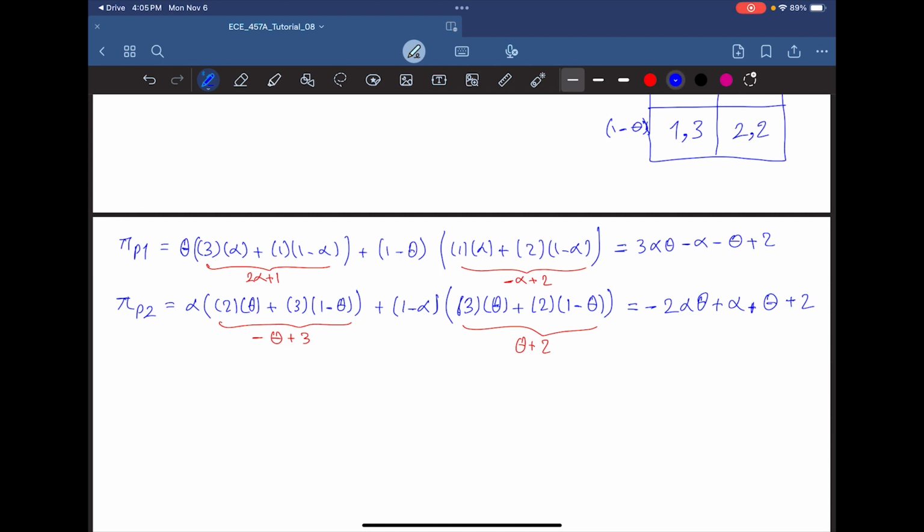All right, now, so the first approach we said is FOC, first order condition. We need to find the partial derivative of the total probability of the first player with respect to theta, which would be 3 alpha minus 1 equal to 0.